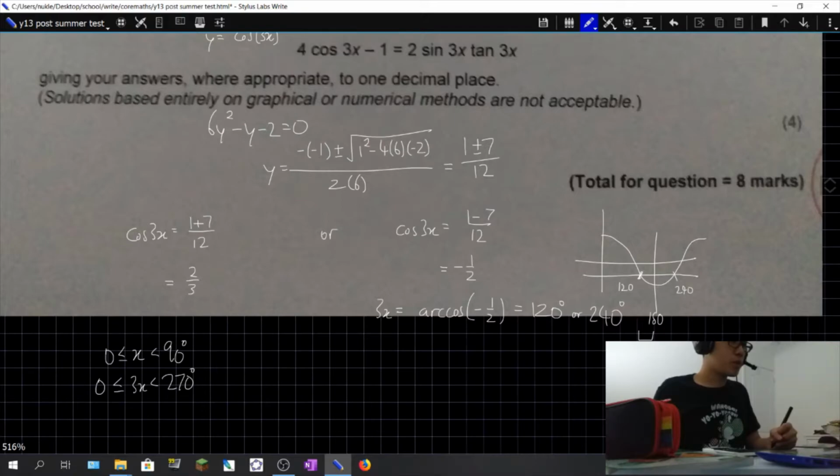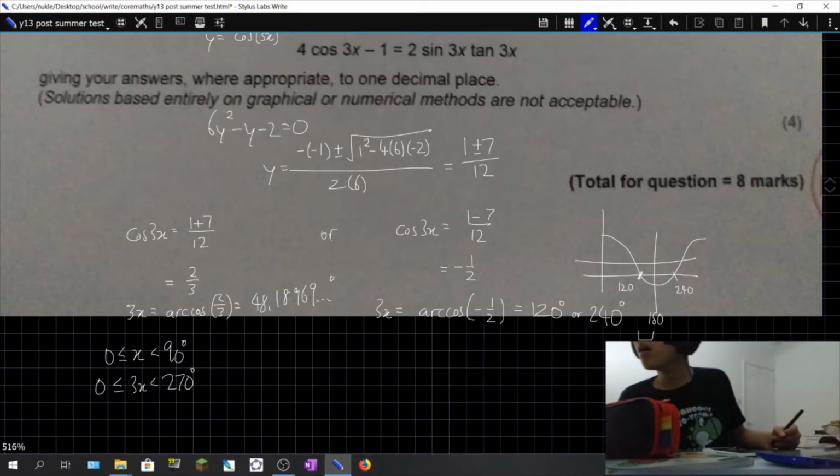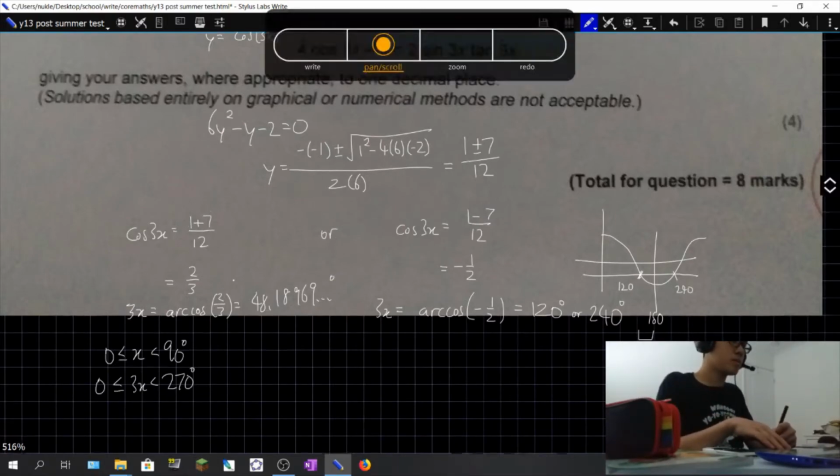And then we want to solve for this one. It's equal to the inverse cosine of 2 over 3, which is some weird number. It's about 48.18969. But that's 3x.